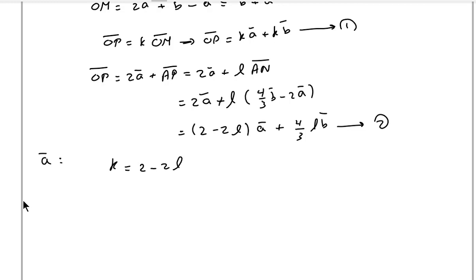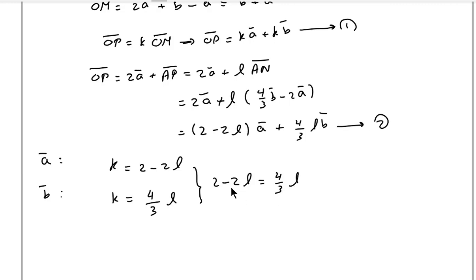The coefficient of the b vector in the first equation is also K, and in the second equation it is 4 over 3 L. We can solve them simultaneously. Maybe the best way is to equate both of them because both are K. So 2 minus 2L is equal to 4 over 3 L.